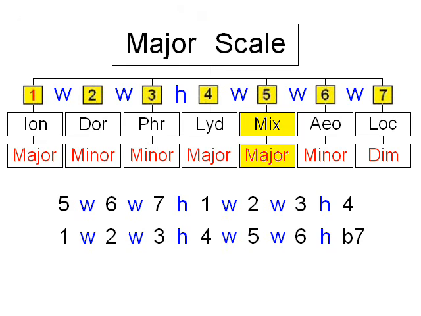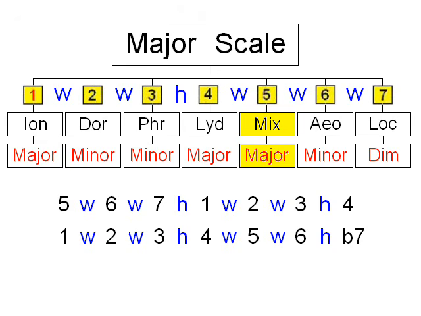This means the 6th will become the 2nd, the 7th will become the 3rd, etc. However, notice how the major scale's intervals still remain intact. We've just shifted the starting point up to that 5th tone. Incidentally, Mixolydian is characterized by its flat 7th interval, which is what the 4th of the major scale becomes when transposed to its 5th mode.